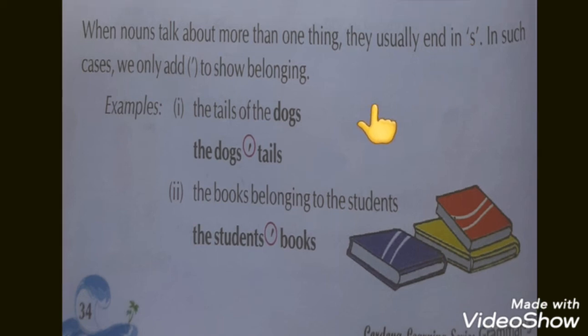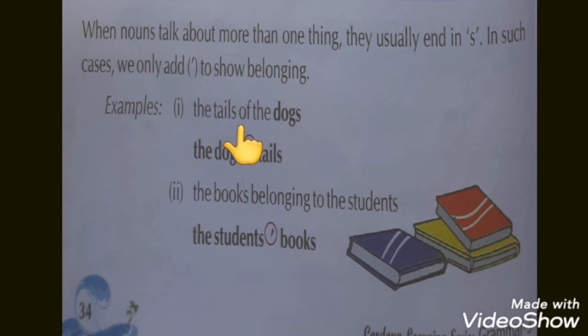We all know that boy is singular, singular means one. And boys is plural, that means many boys. In such cases we only add an apostrophe. So where there are plural words, like boys, meaning many boys, after that we only use this apostrophe sign for showing the position of belonging.